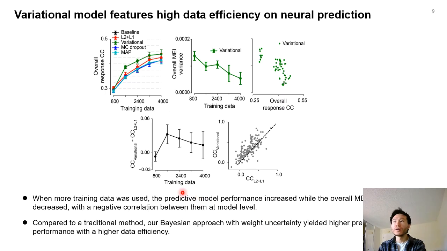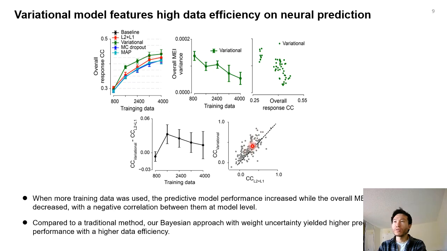Additionally, we examined the difference between the model performance for the variational model and the L2 plus L1 model. When the training data size increases, you see that the difference increases and then decreases. Here is a scatter plot for when the difference is largest.